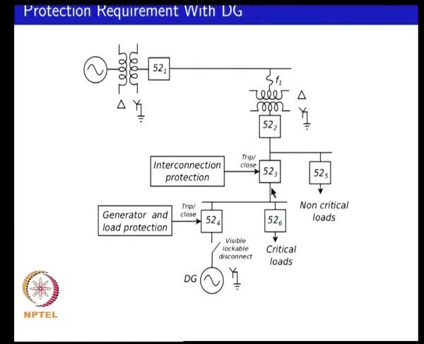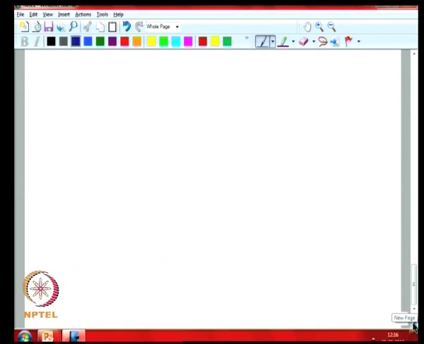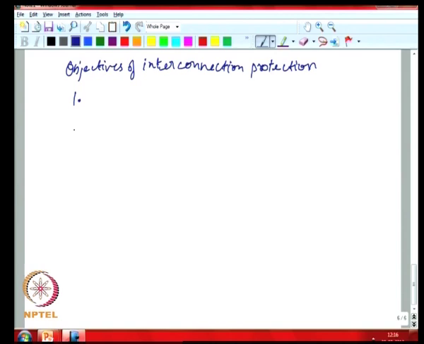If you look at the objectives, first is again the standard overcurrent protection, for loads, transformer, and even upstream towards the feeder.